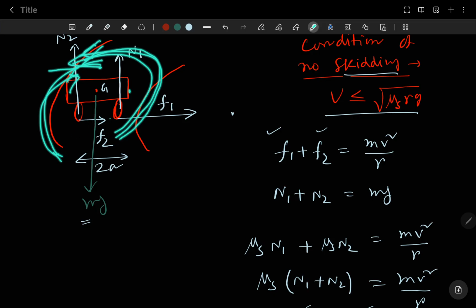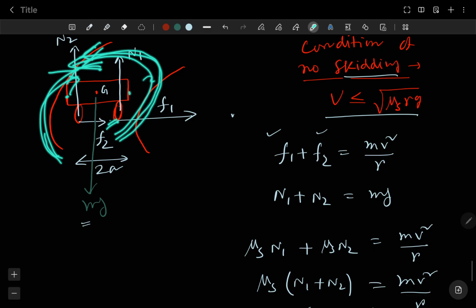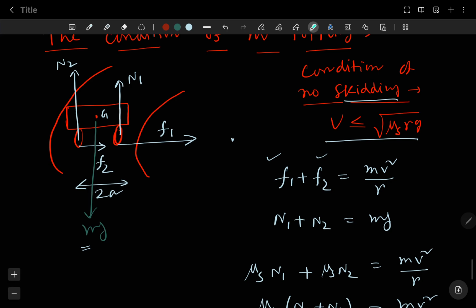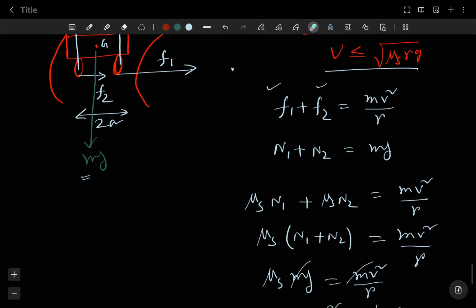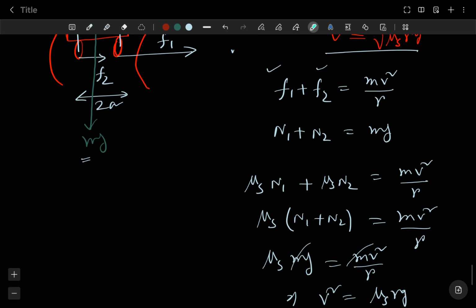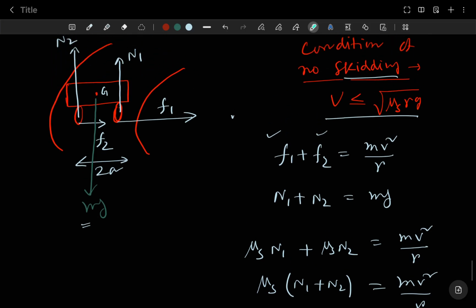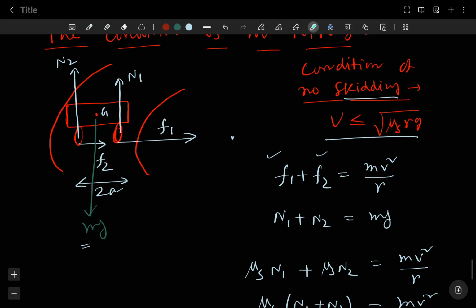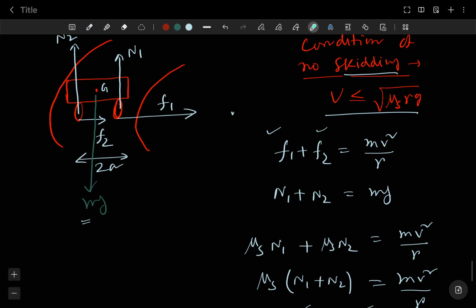So because of the clockwise torque, the car stays on the ground, but because of the anti-clockwise torques, they tend to make the car topple. So in order not to topple, we must have the clockwise torque equal to the anti-clockwise torques.